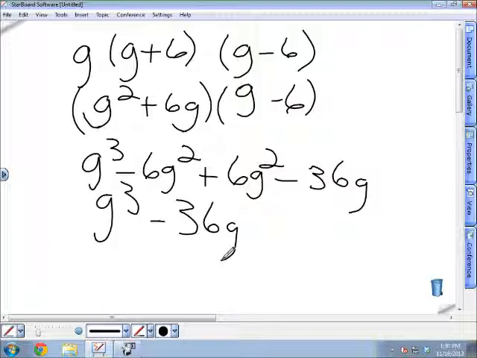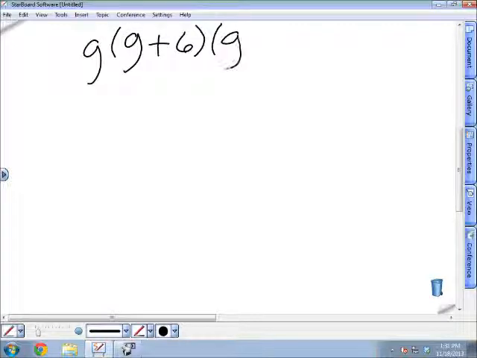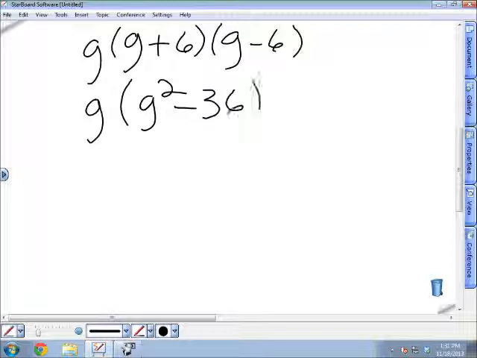I think it would be easier to do it the other way. And number 31 is g plus 6, g minus 6. I think it's easier to multiply these two first. So if it was me, I would do it the other way. Then you have your first, and it's going to be minus 36.